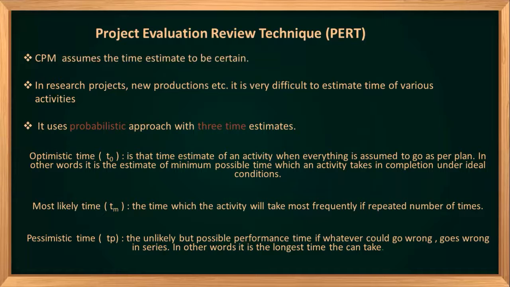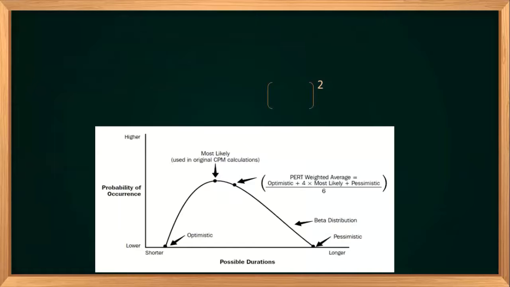So this is the most likely time, where normal things happen. With these three estimates, we have to find out the time estimate for an activity. PERT assumes that the probability of reaching there follows a beta distribution. The beta distribution curve looks like this, even though it looks like a normal curve.